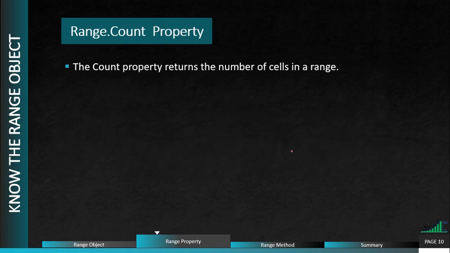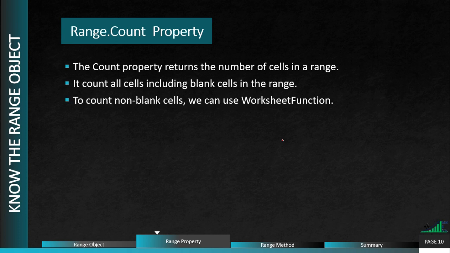Count property: this returns the number of cells in a range. It counts all cells including the blank cells. You have to keep in mind that when you give a range dot count, even the blank cells will be counted. Now the second question comes: what is the method of counting if I don't want the blank cells? I will show later that there is a worksheet function.